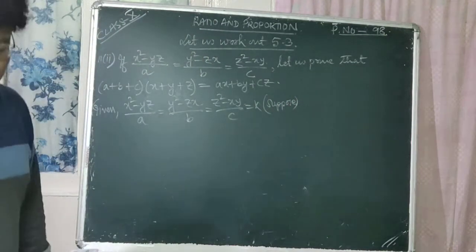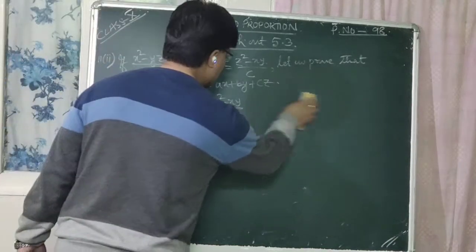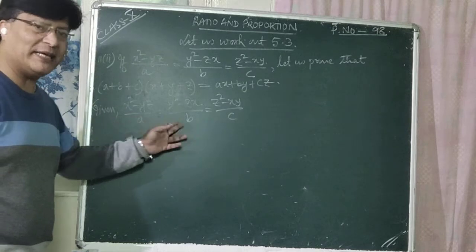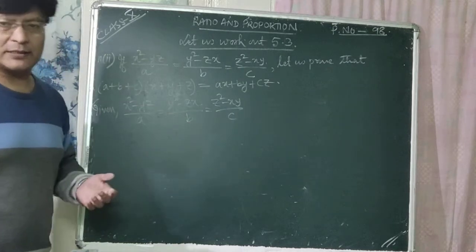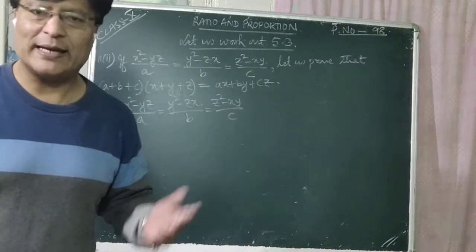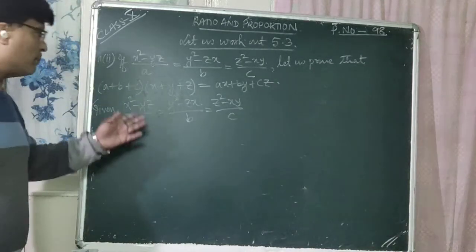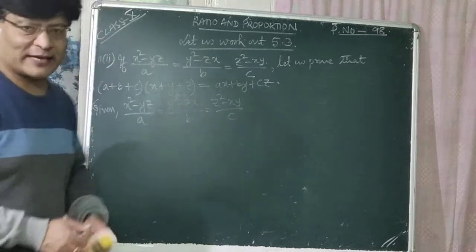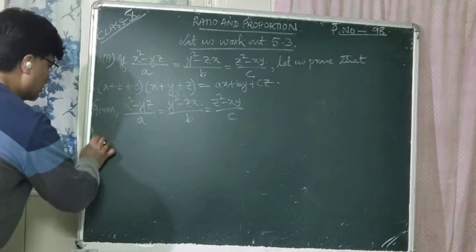Oh, sorry. In this case, since you have to get the values for a, b and c, let us invert it. So by invertendo, you can invert them, isn't it? So by invertendo, we can invert all these fractions.